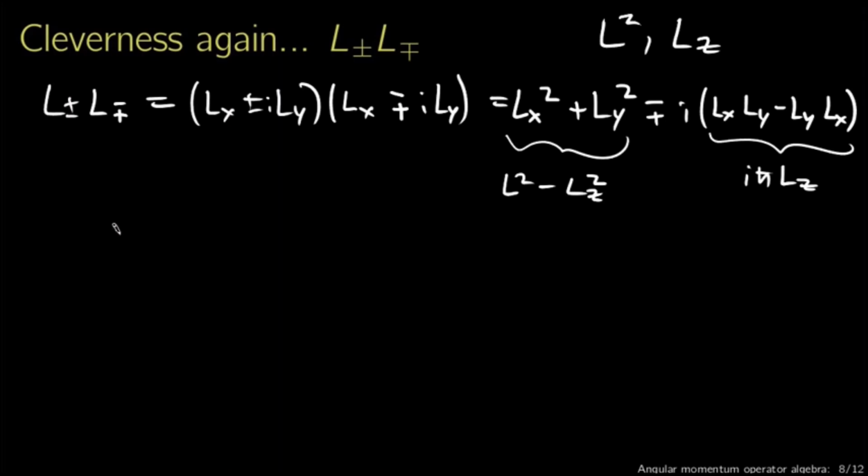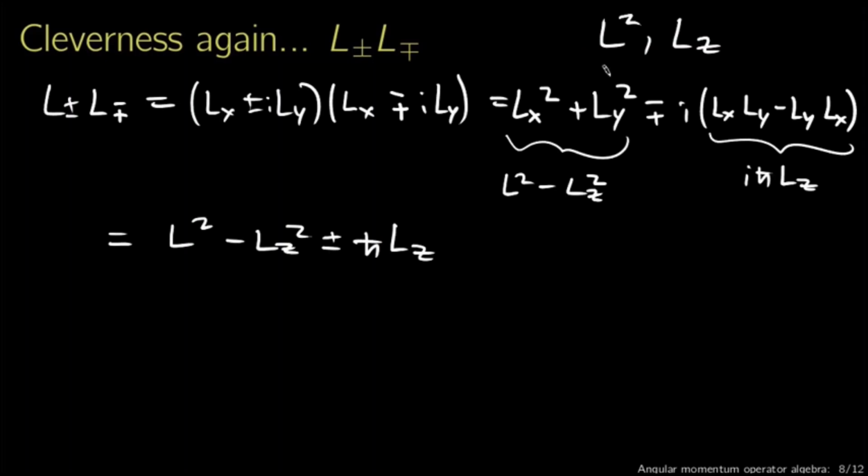So if I continue to simplify this, L squared minus Lz squared minus or plus, and now I've got an i and an i, so I'm going to have a minus 1 from that, so I'm going to change this minus or plus to a plus or minus, h bar Lz.